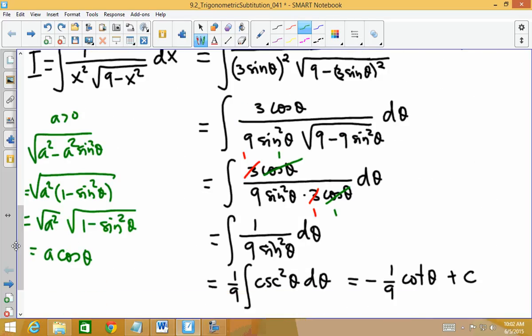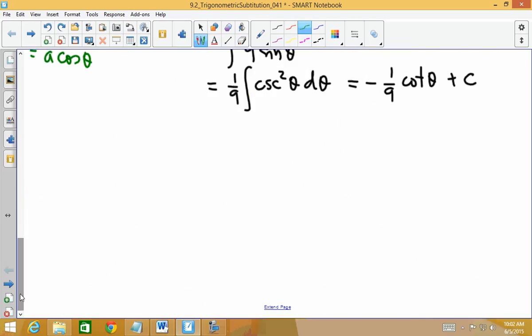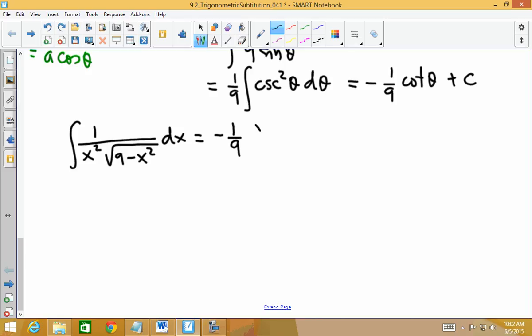Using this, we conclude that the integral of 1 over x squared square root of 9 minus x squared dx is negative 1 over 9 times the square root of 9 minus x squared divided by x, plus a constant. And that's the answer.